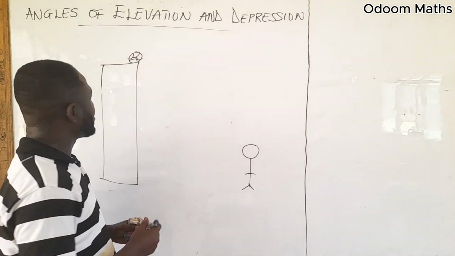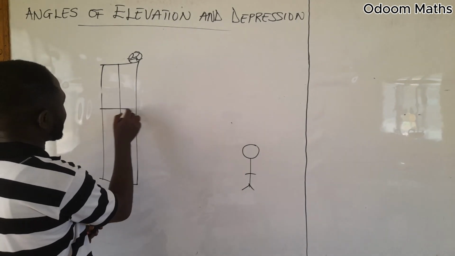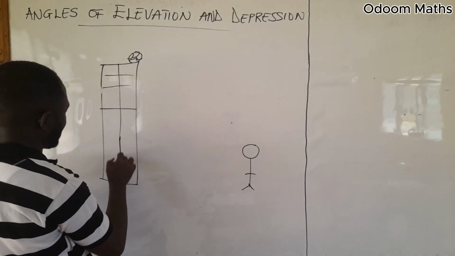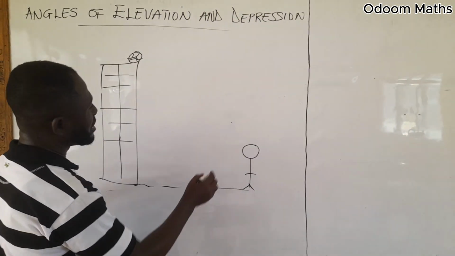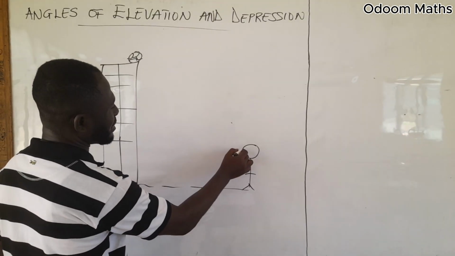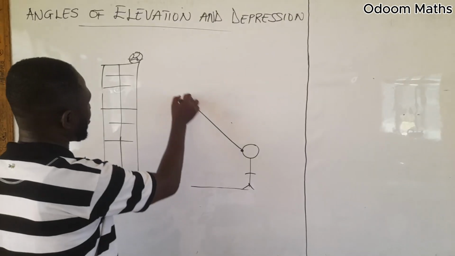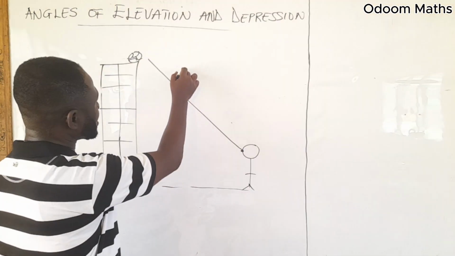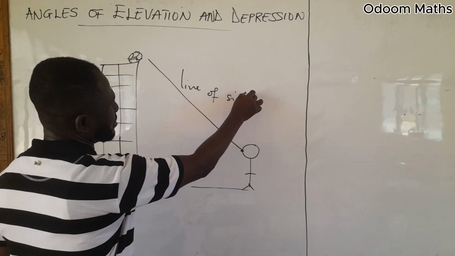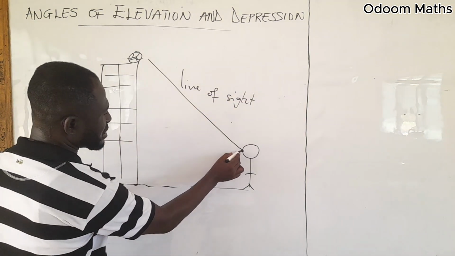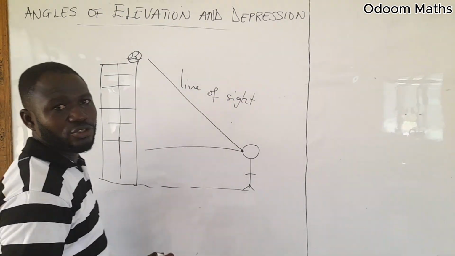Maybe somebody can help in bringing the ball down. Now, this is the eye, and this boy is looking at the ball with this line of sight. So we call this the line of sight. And then this line here is the horizontal line to the eye level.